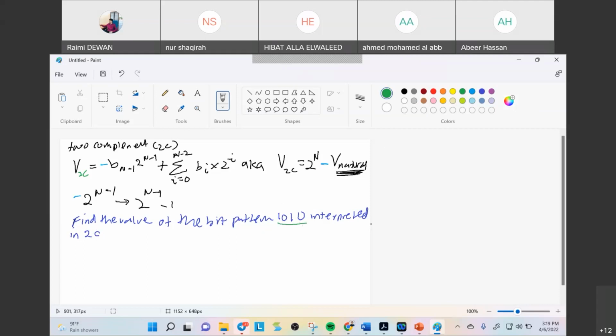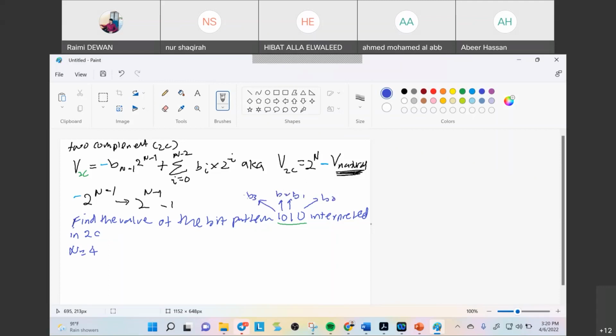First you need to know how many bits. The bit pattern is 4 bits, again the same. And then you have B0, B1, B2, B3.